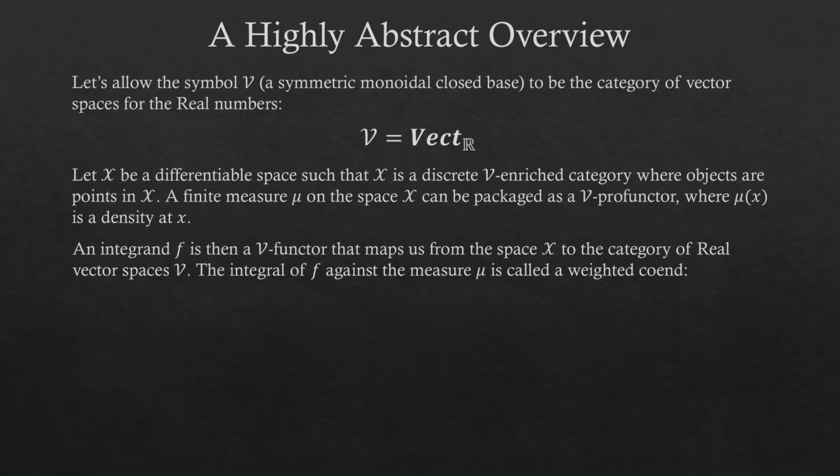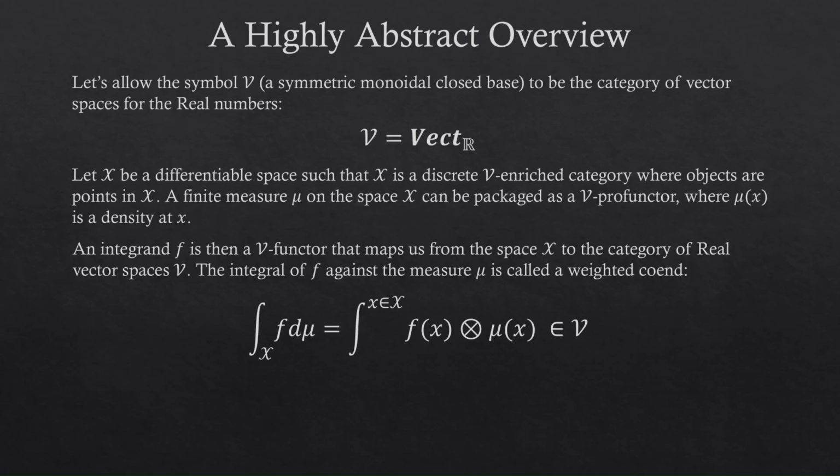And thus the integral of f against the measure mu is called a weighted coend. So the integral over x of f through the measure mu is equal to the coend in terms of the element x that is inside of the differentiable space capital X of f of x tensored with mu of x as elements of the category of vector spaces V. So that means f of x and mu of x land inside of the category of real vector spaces, the same one.